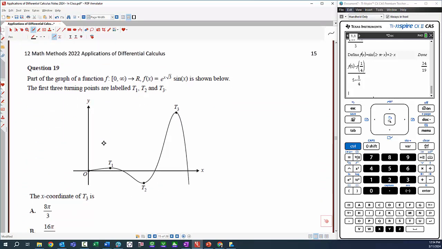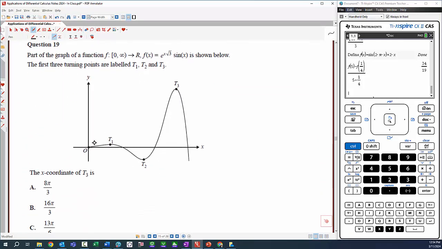All right, part of the graph of a function is here. The first 3 turning points are labelled T1, T2, T3. The x-coordinate of T3. All right, so I think what we'll do for this one is we'll get a derivative. So we'll go f dash x equals 0.